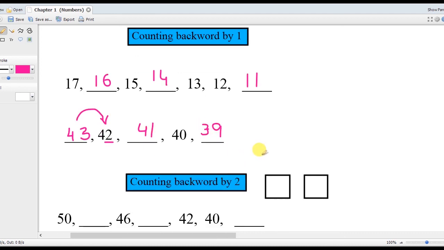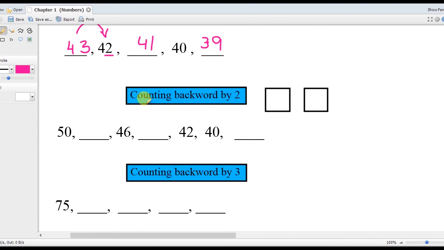right? Now we have to count backwards by 2, or by skipping 2s, right? Since you have to draw the 2 blocks here, so 50. Now go backwards. The numbers that come before 50, that is in the 40s, right? So 49 and 48.